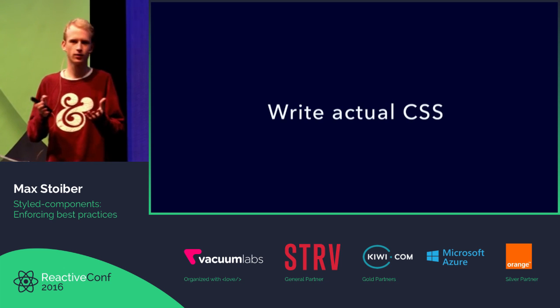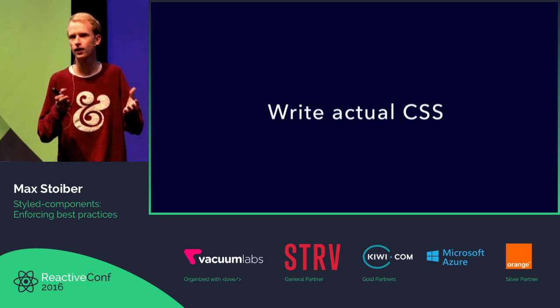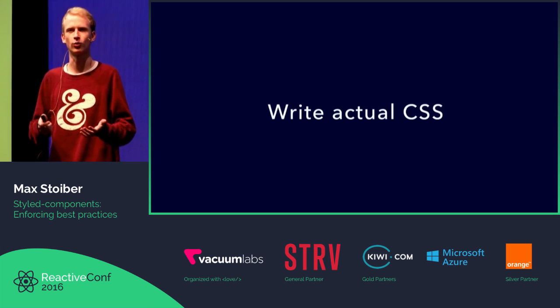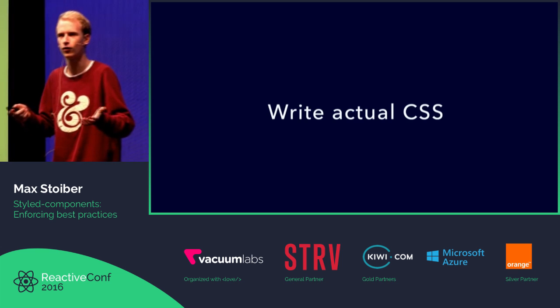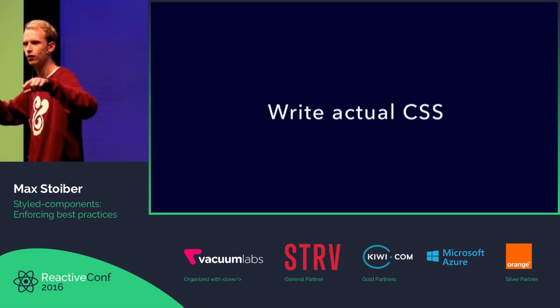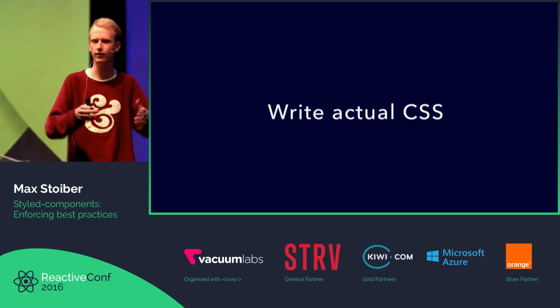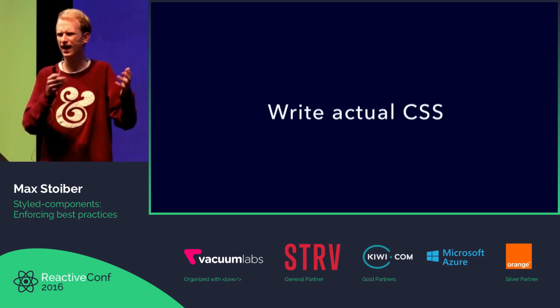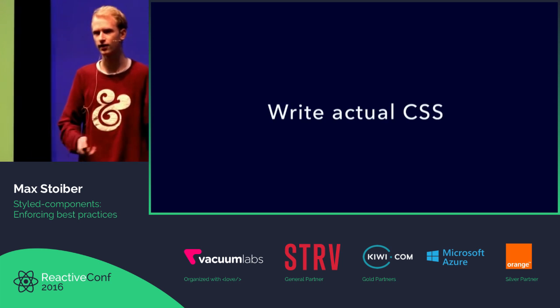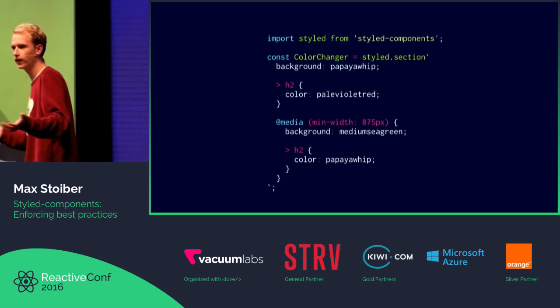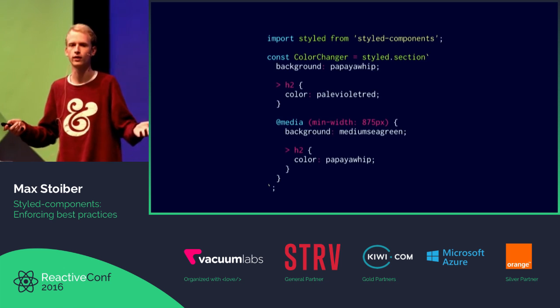Some people seem to have missed the point because they try to mangle CSS syntax into JavaScript objects, and it just doesn't work. You have to remember to quote everything, you have to remember to do double quotes in content, the media queries are really hard, everything is just a pain. We have a language made for styling, let's use it. So with styled components, since it's just CSS, we can do everything with those components.